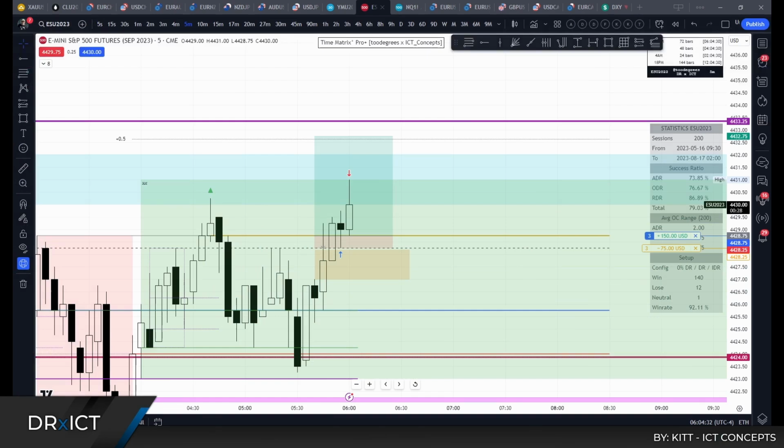Got the implied fair value gap, kind of giving us some bullish vibes. I'm going to run it tight because it's ES, and it's really how I prefer to trade ES.